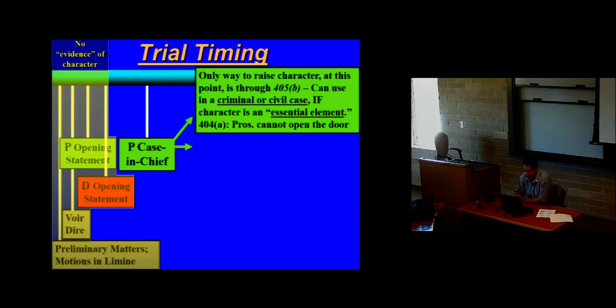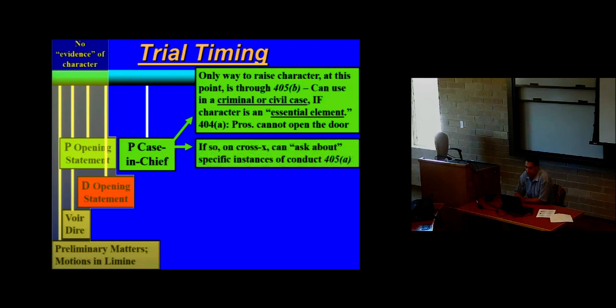character. All right. And also if there is a usage under 405, then you can also ask about this on cross-examination. But since it is an essential element, then you can use extrinsic evidence of a specific instance, reputation, or opinion.